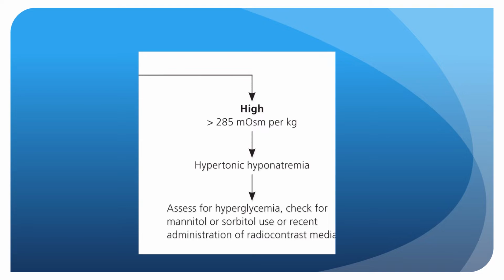Hyperglycemia, remember, is the number one cause of hypertonic hyponatremia. The correction for this is very, very important in diabetic ketoacidosis, but it's basically 1.6 for every 100. So if a patient's blood sugar is 200, you would increase the sodium by 1.6 to get the corrected sodium.